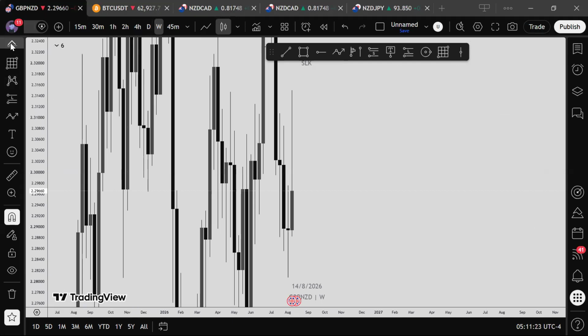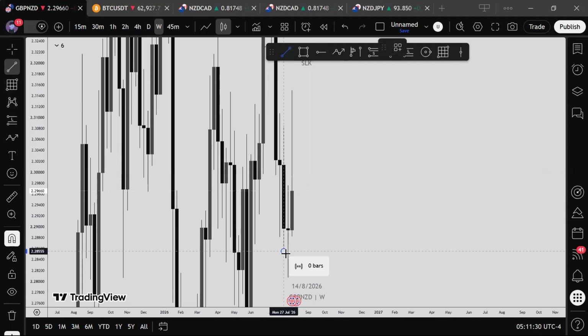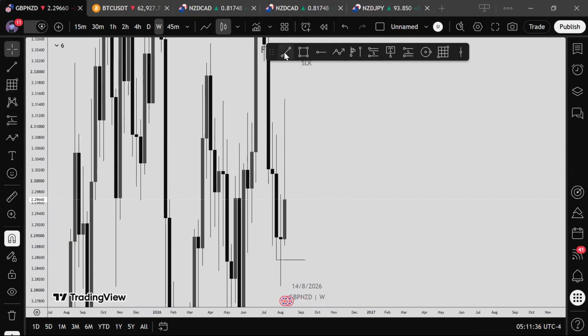Now, on the weekly, we had the sweep of the previous weekly low, and an expectation that this high would also go.